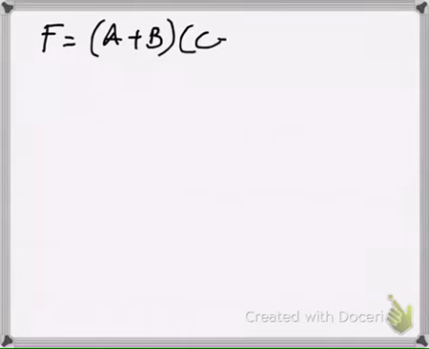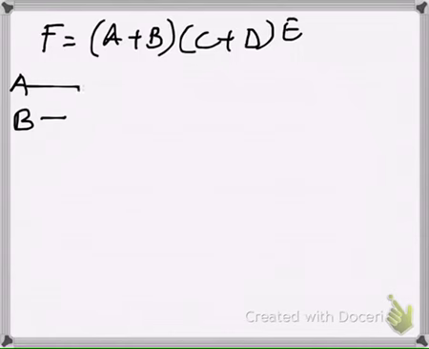So let's take an example. I have F equal to A plus B, into C plus D, into E. I will not draw the representation using simple AND and OR gates, so that you can do it very easily. So let us look at the implementation using NOR gates. For inputs A and B, we use a NOR gate here.